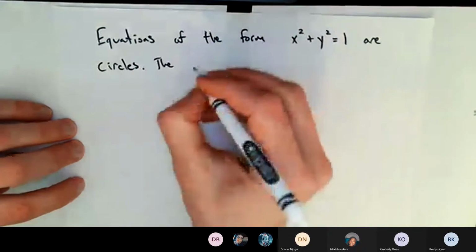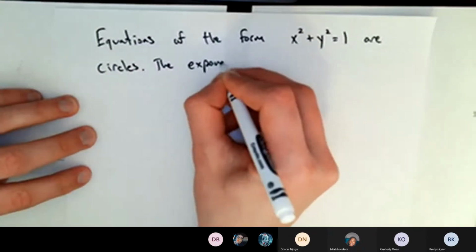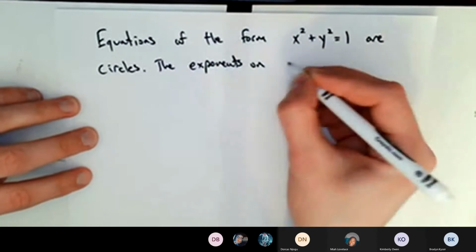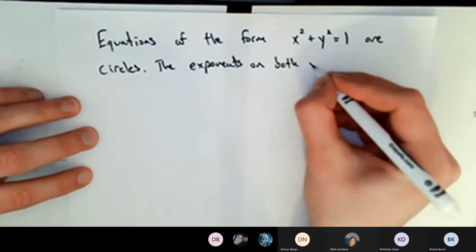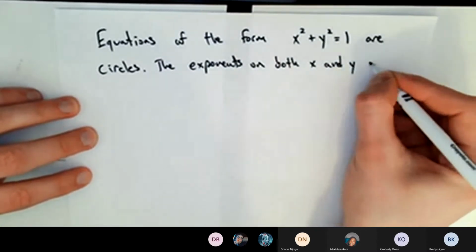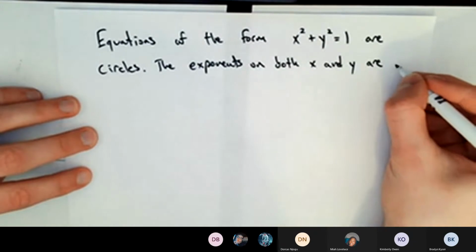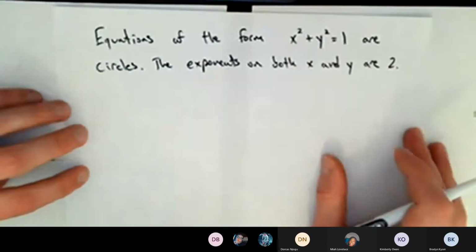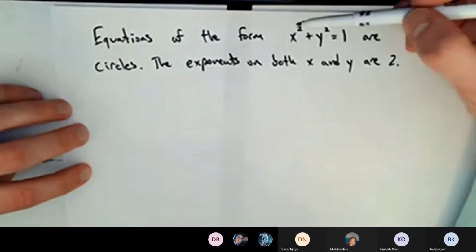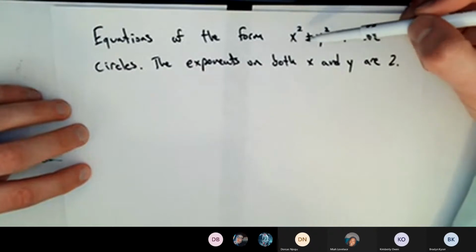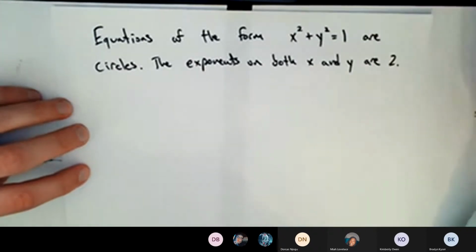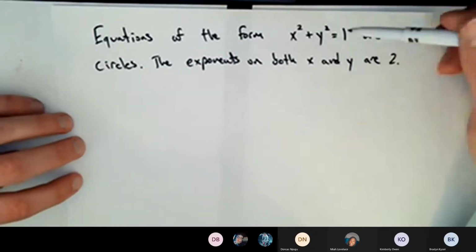So the exponents on both x and y are 2. They're both squared, right? And there's also something we need to say about the signs of them, but let's not. If you change the signs, you can end up with a different shape called a hyperbola, but let's not worry about that. Let's just look at this.